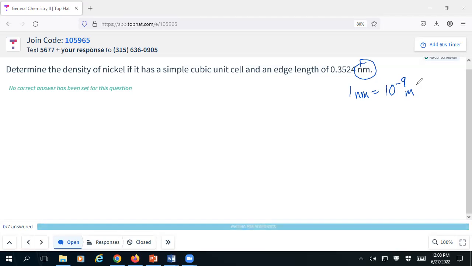So 10 to the negative ninth meters in a nanometer, or 1 billion nanometers in a meter, however you want to look at that. So same thing, go through the calculation here, see if you can come up with an answer that makes sense, and we'll talk about it in a couple minutes. All right, let's see how we did, and then we can close this up for today.